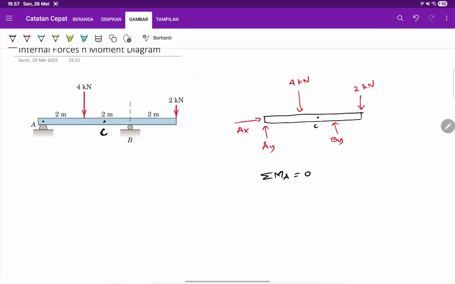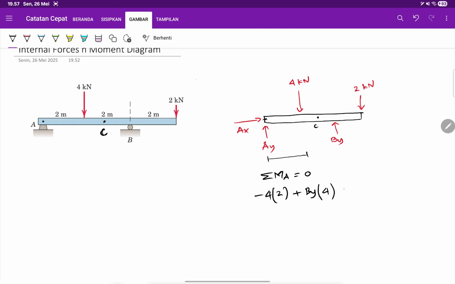So here, imagine at point A, the 4 kilonewton will create a clockwise moment, so it's minus 4 times the distance, which in this case is 2 meters. And then the By will create a counterclockwise, positive moment, By times 4.